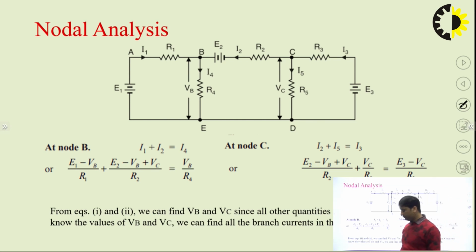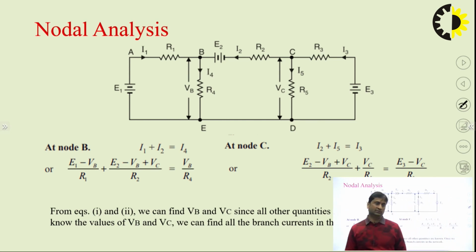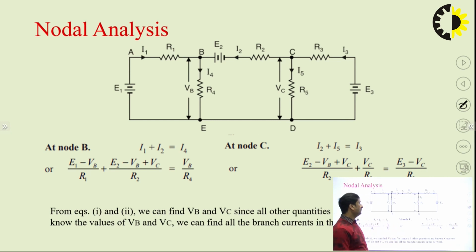Next technique which we are going to study is nodal analysis. Nodal analysis is just like KCL, because nodal means node, and at a node we know that the algebraic sum of all the currents at a node is equal to 0, or in other words, the sum of the incoming current is equal to the outgoing current.